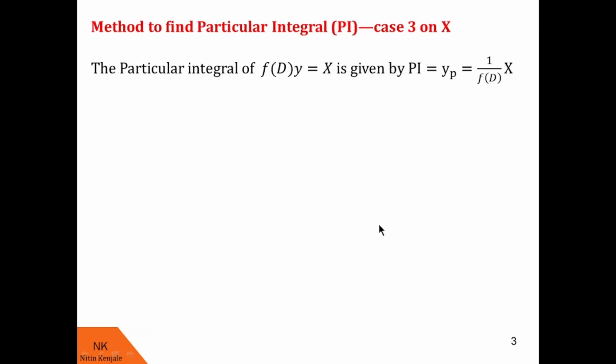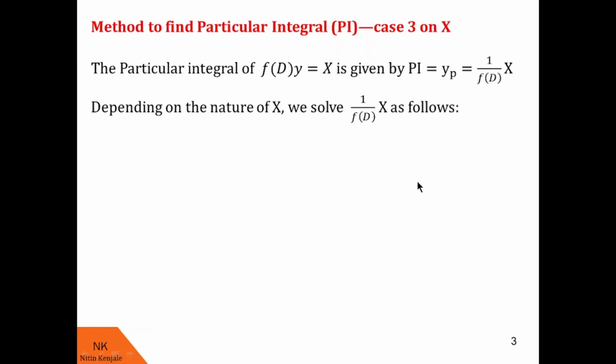Recall that the particular integral of the linear differential equation f of D y is equal to X is given by yp is equal to 1 by f of D of X. Now we are assuming that if X is equal to x raised to m, that is an algebraic expression in x, then the corresponding particular integral, that is 1 by f of D of x raised to m, is obtained as follows.